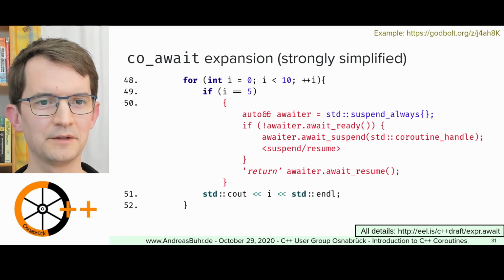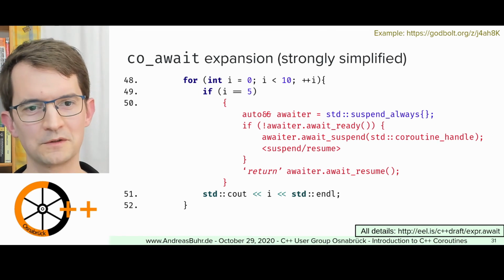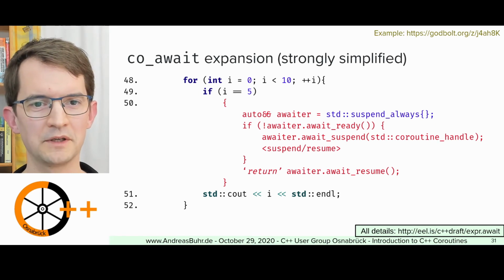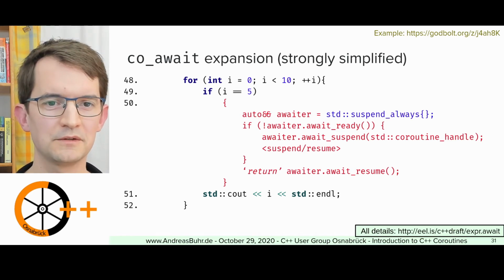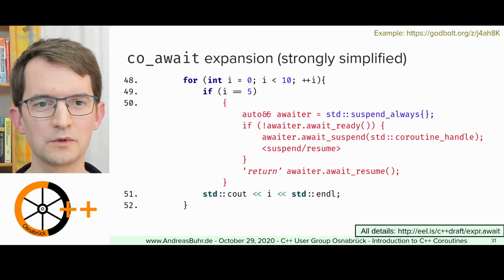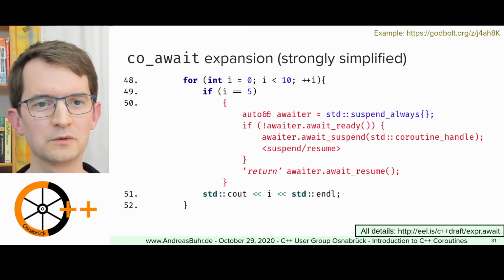Awaiter.await_ready. If it says, well, I'm ready, then the coroutine is not suspended. It just goes on, calls awaiter.await_resume, and the result of await_resume will be what the co_await expression evaluates to. So like the return of the co_await expression.